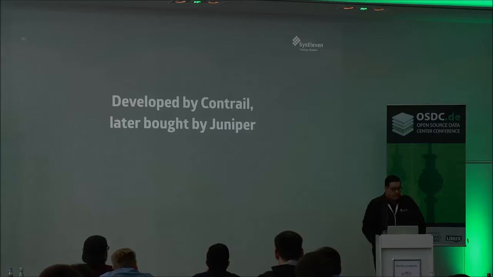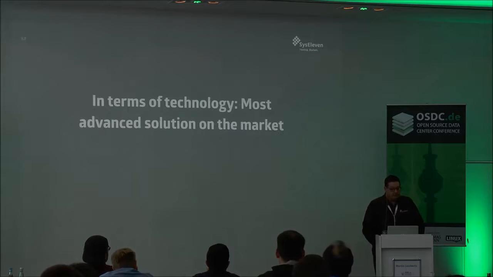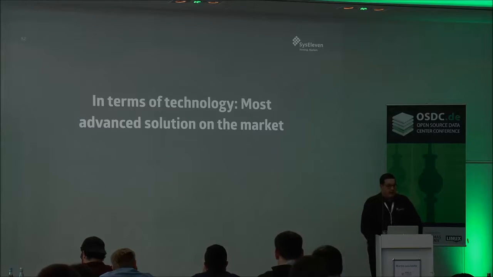And OpenContrail comes with a lot of very interesting and great features when it comes to network connectivity. In terms of technology, OpenContrail probably is the most advanced solution on the market. There are a number of features inside OpenContrail that will wonderfully connect your virtual machines to one another.